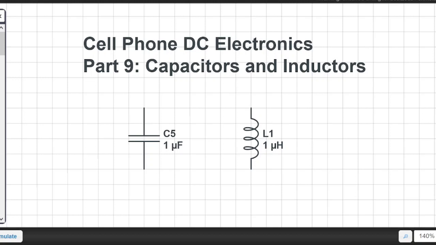So what a capacitor does is it acts kind of like a water tower in the sense that if you turn on the kitchen faucet, you want a steady flow of water. You don't want a flow of water that's spurting out like Morse code. You want something that's steady.